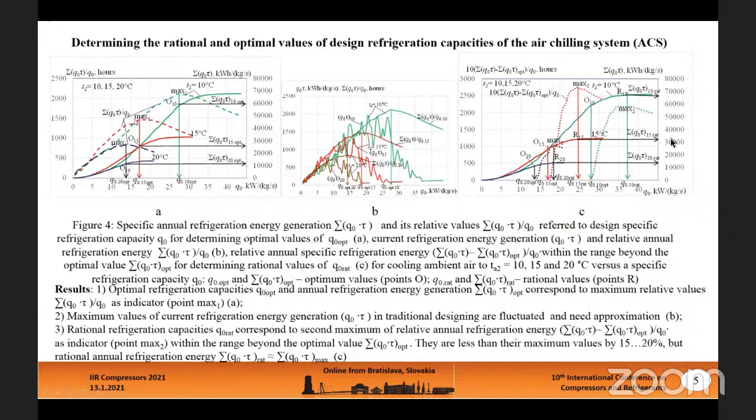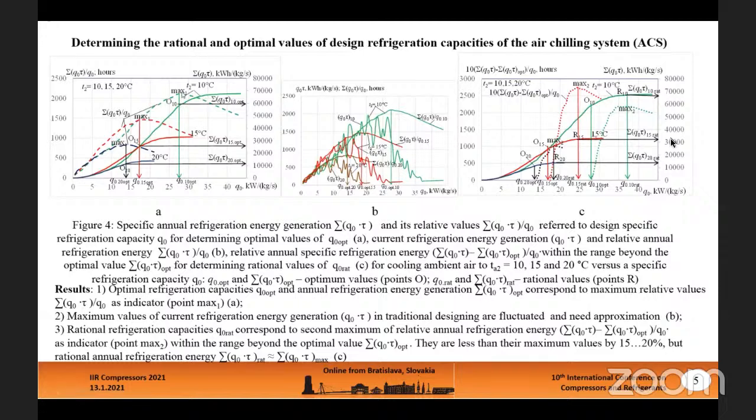This is the relative value of annual refrigeration energy production referred to design refrigeration capacity. As you see, the maximum of the relative value indicates the optimal design refrigeration capacity and corresponding annual refrigeration energy production.